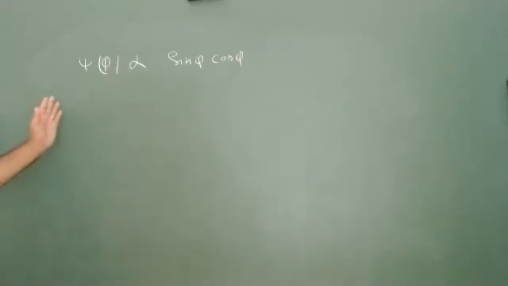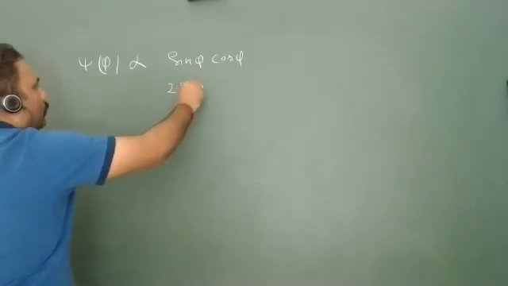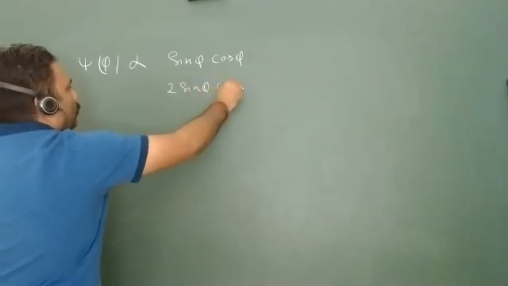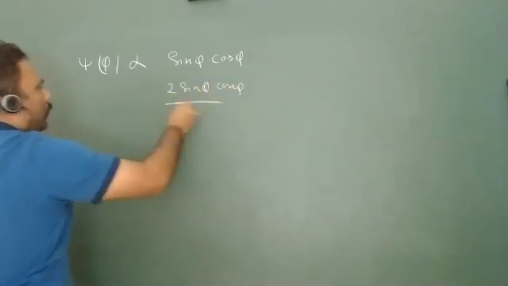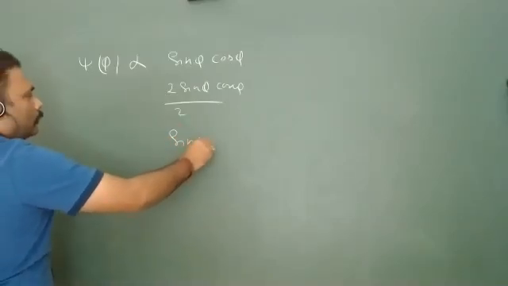So what will be the measurement if Lz is measured on psi of phi? Obviously you can write this thing as 2 times sin phi cos phi by 2. So this thing is nothing but sin 2 phi.